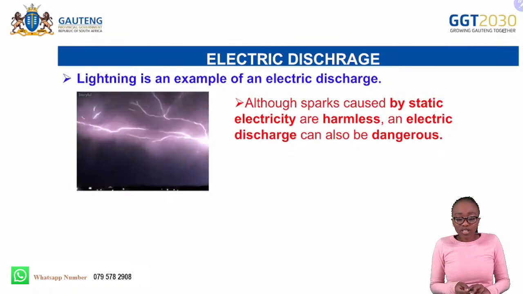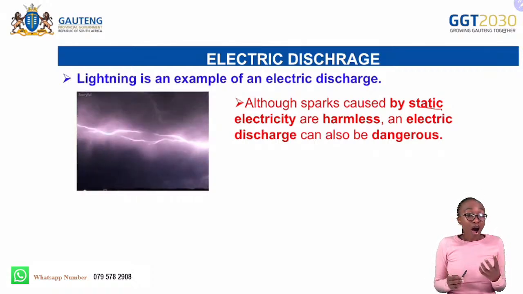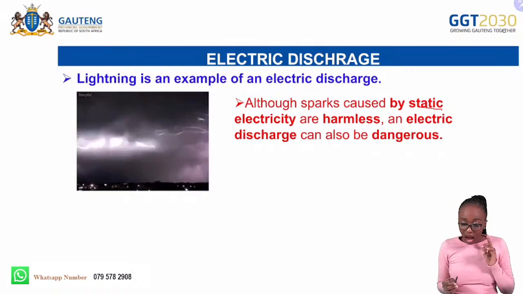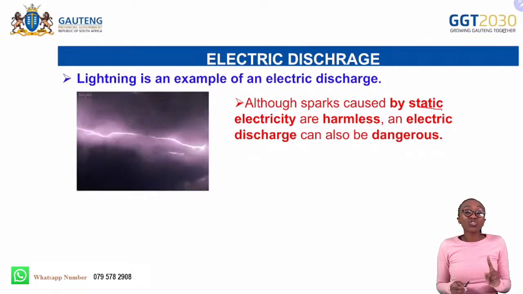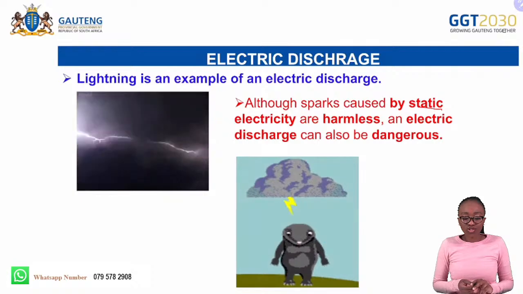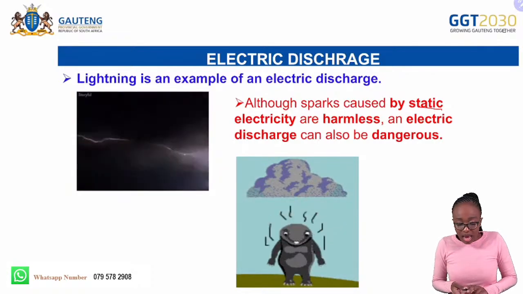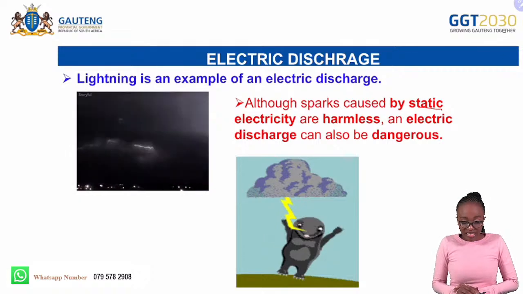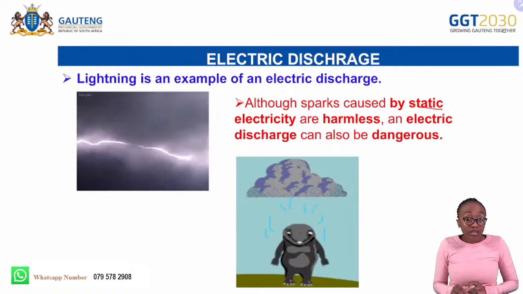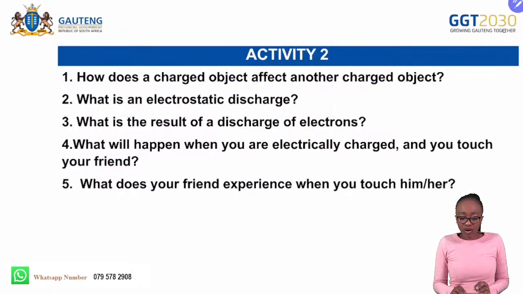Although some sparks caused by static electricity are harmless, electric discharge can be dangerous, especially if you are struck by lightning. So we've got Polo there, and Polo has just been struck by lightning. Ooh, I'm sure he's in a lot of pain.